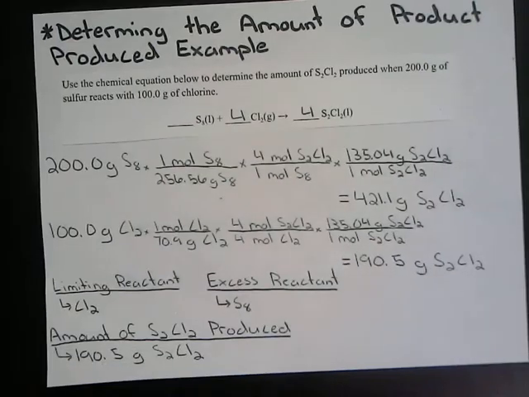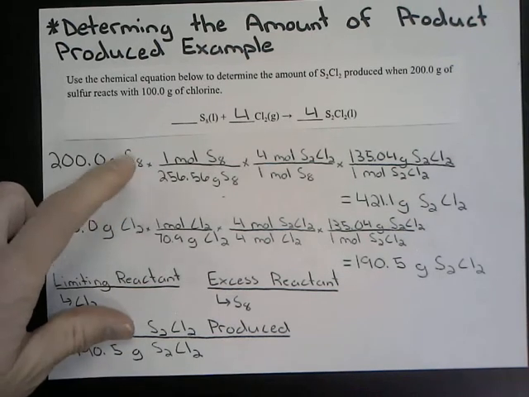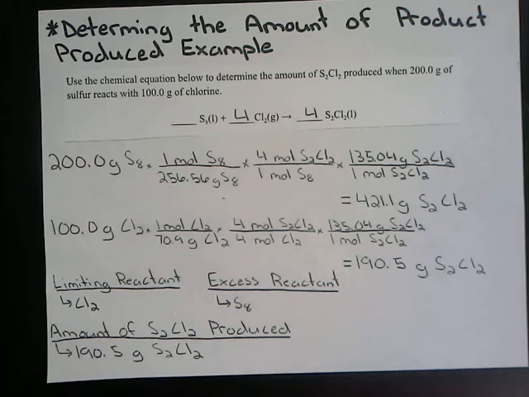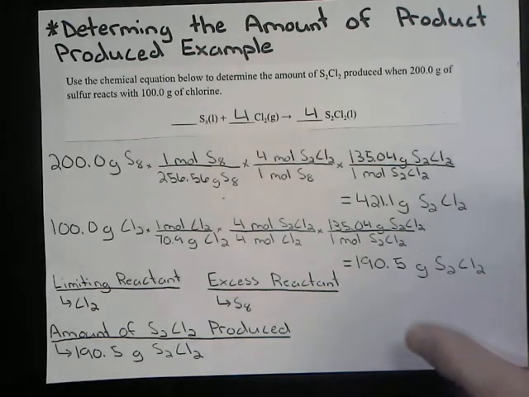Okay, so let's go one step further and go through this particular problem and figure out, well, S8, if this is the excess reactant, we should have some S8 that is not reacted at the end of the reaction. So let's utilize some steps to go through that process.